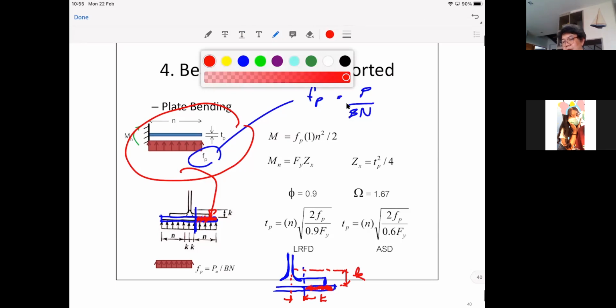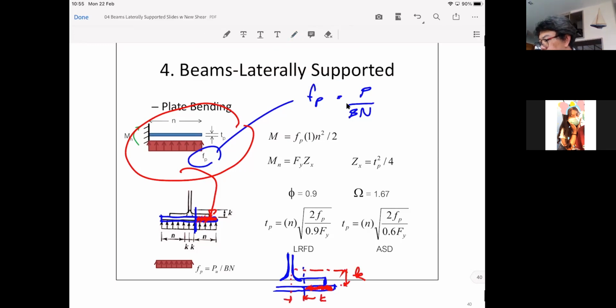All right, and once you have that beam, you can calculate the FP from the model. Now you are going to design the beam by using the cantilever beam model like this. So the moment is going to be equal to FP multiplied by the length of your cantilever beam, that's N, so it becomes WL squared over 2, where W is equal to FP and L is N, over 2.